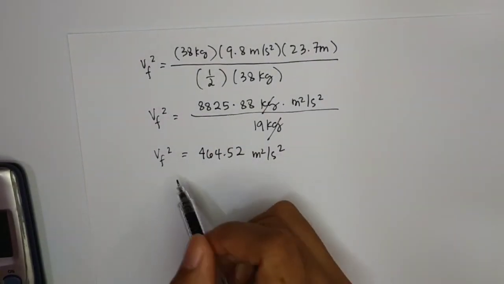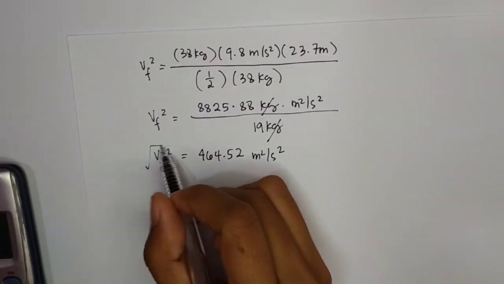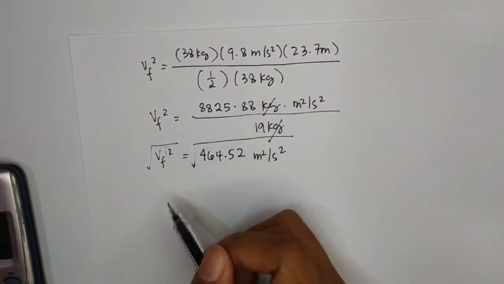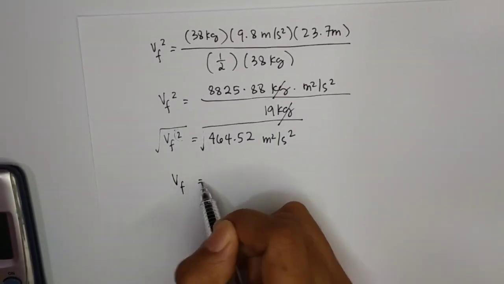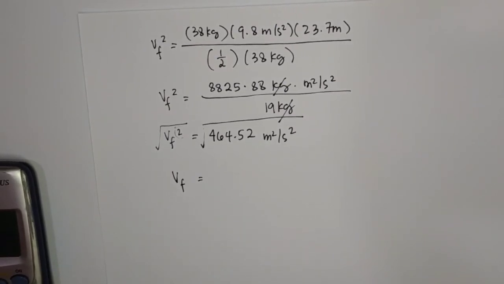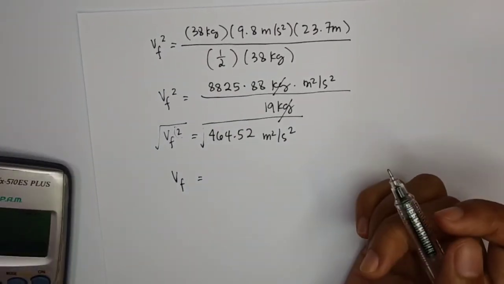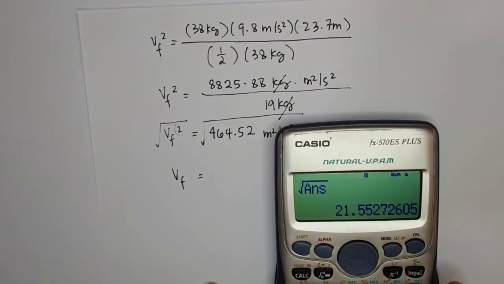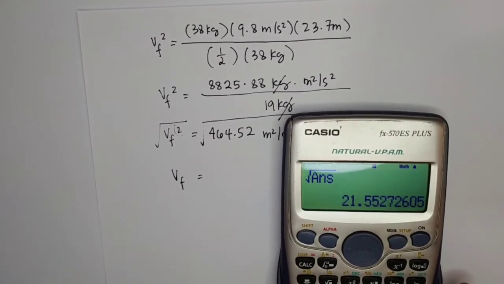After that, since may squared pa tayo, kailangan nating i-square root yung both sides. I-square root natin ito, then square root din natin dito. So this will be velocity final natin, that is equal to square root of 464.52. If we're going to approximate, the answer is 21.552722605.